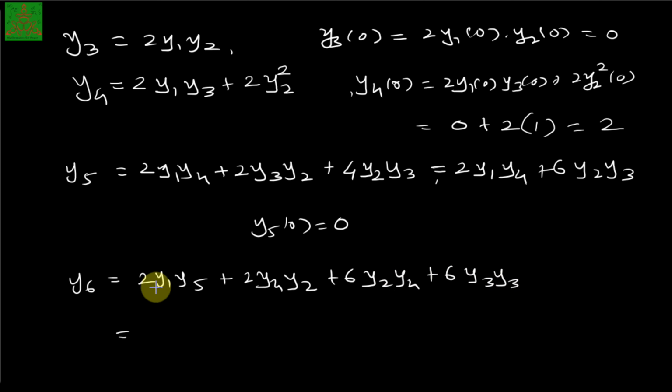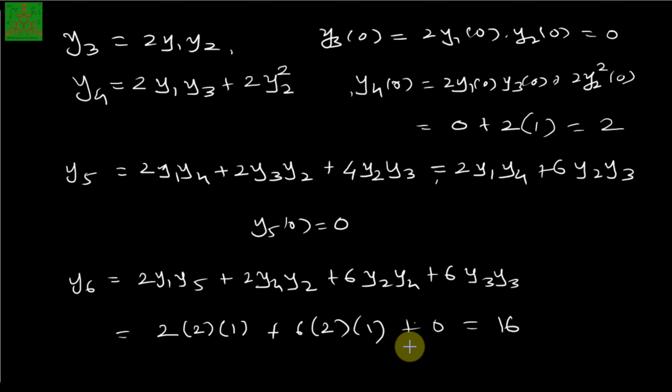Now y1 at 0 is 0, so this term is 0. y4 at 0 is 2, so it is 2 into 2, and y2 at 0 is 1. The other term also gives me 6 into 2 into 1, plus y3 at 0 is 0, which we already have, so that is 0. So that gives me 4 plus 12, that is 16, and in that manner you can calculate the further values.